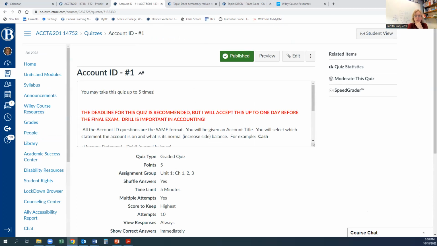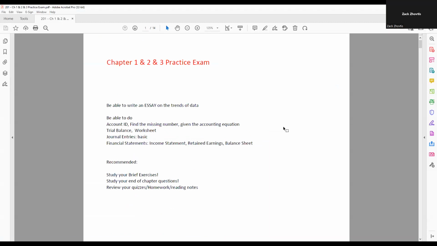Kayla, you're saying trend analysis is for chapter 4? No, trend analysis will be on your test, just like it was on the practice exam. So what you saw with Cold Water Dairy is going to be on the exam as well. Will that essay problem or trend problem be the same idea, like calculating the growth rate and then saying whether the trend is the same exact sort of thing?